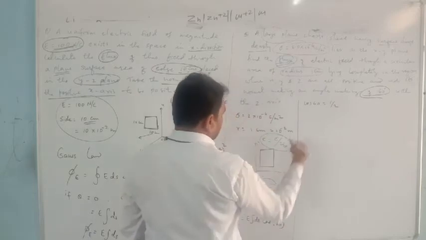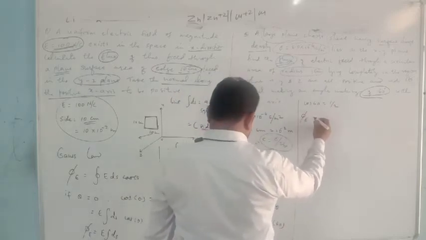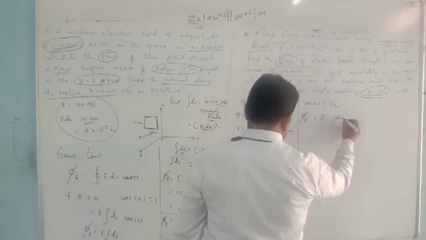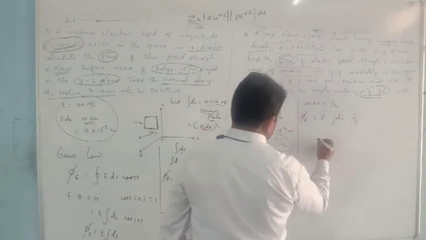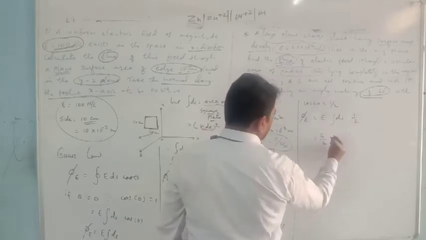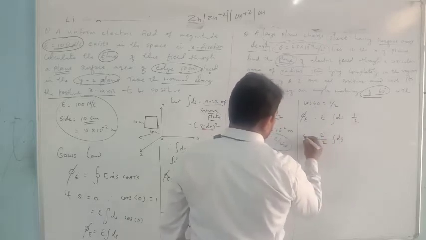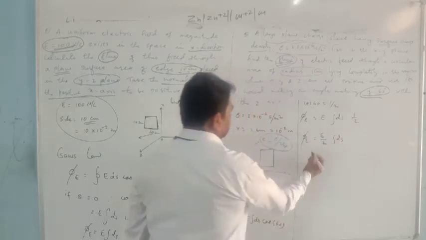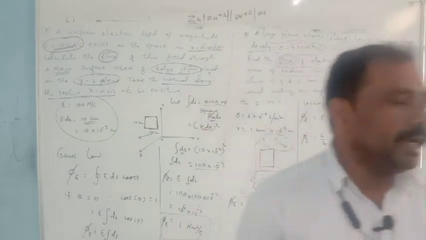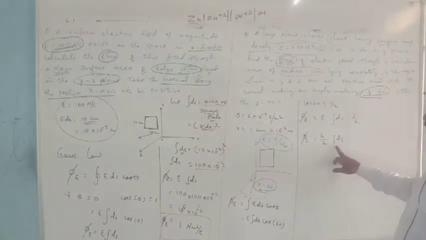So therefore electric flux can be written as E into integration of ds into 1 by 2. So we can write E multiplied by 1 by 2, E by 2 into integration of ds. So this is for electric flux. Electric flux is equal to E by 2 into integration of ds.